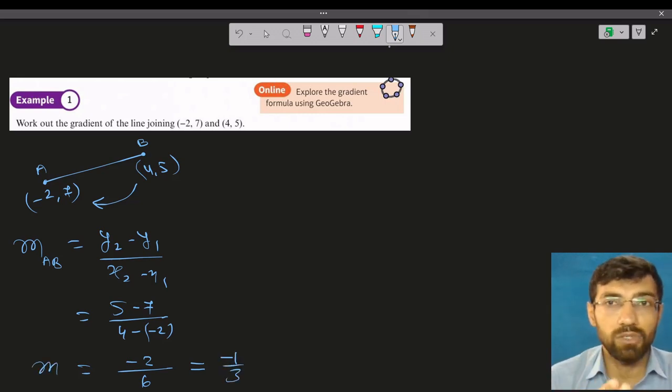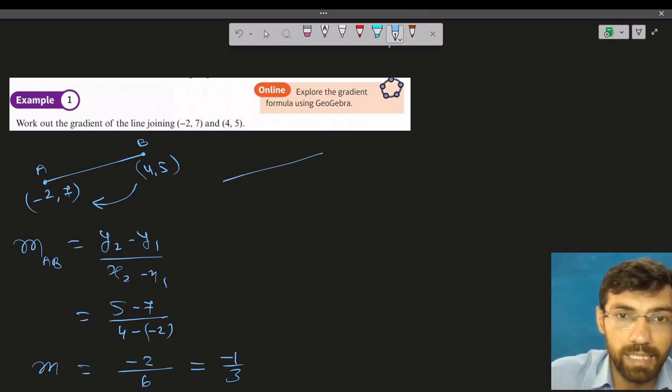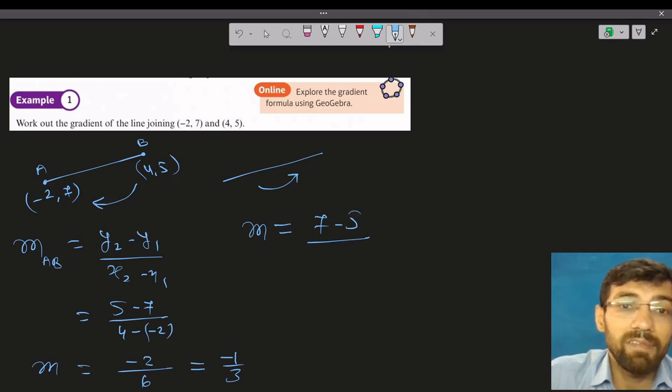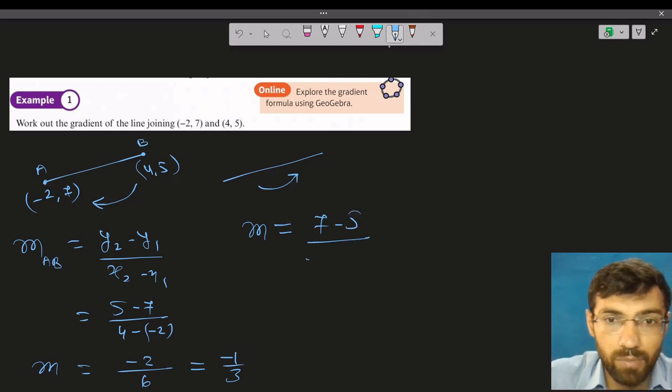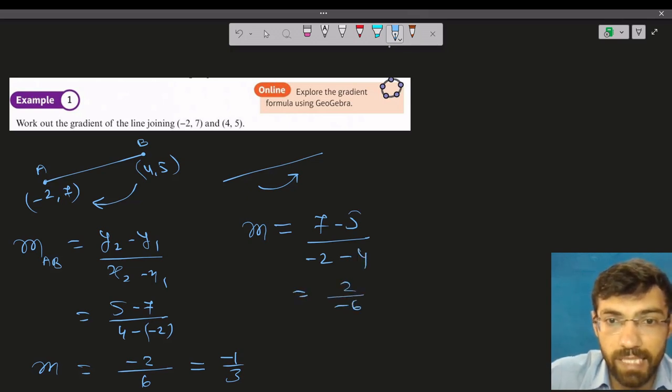Let us try to find the gradient of the same line but in the opposite direction. So this time my gradient will be what? Change in y, 7 minus 5, upon, I will subtract x also in the same direction, so minus 2 minus 4. 7 minus 5 is 2, and this is minus 6. 2 upon minus 6 is nothing but minus 1 by 3.